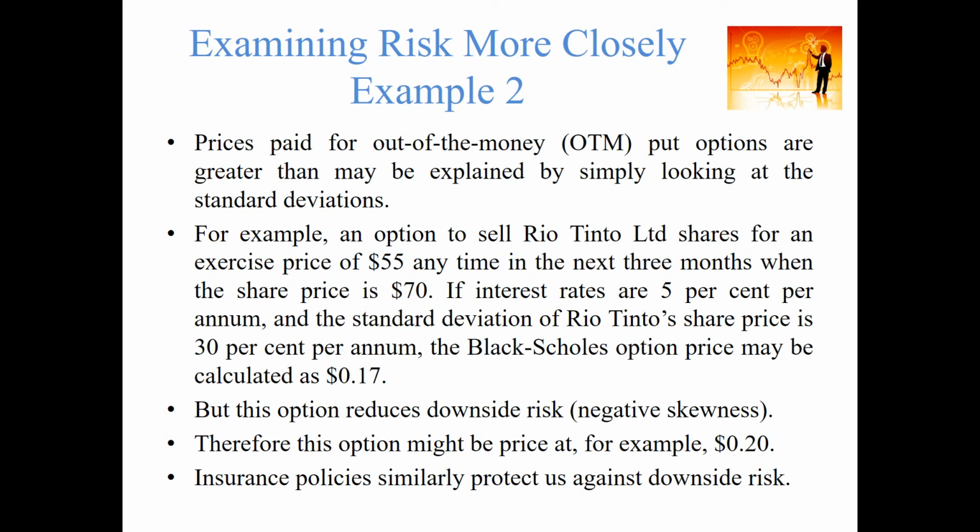However, we typically see that the price of a put option in the market is relatively higher compared to the price determined by a theoretical model. The reason is that since the put option protects the investor from selling the stock at a lower price and protects from the downside risk, investors are willing to pay more for a put option than the price suggested by a theoretical model.